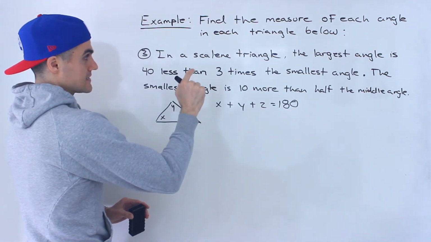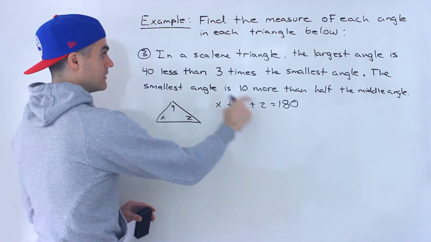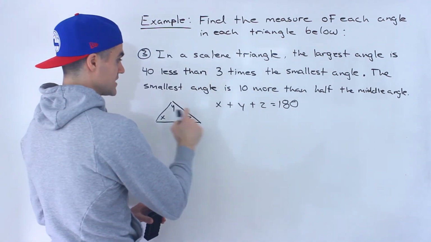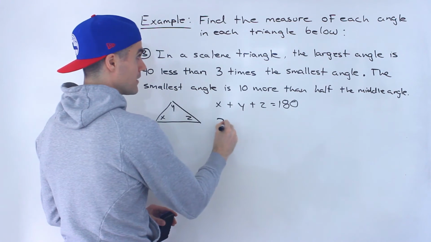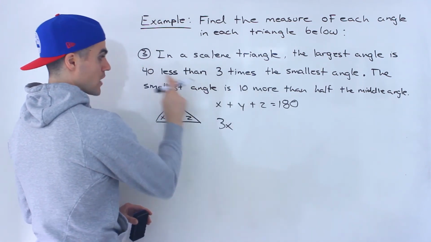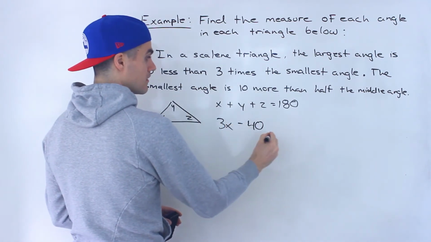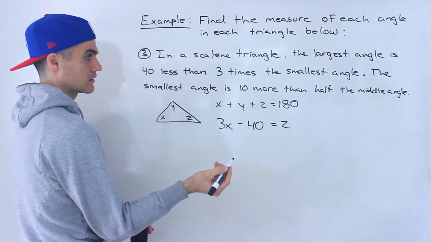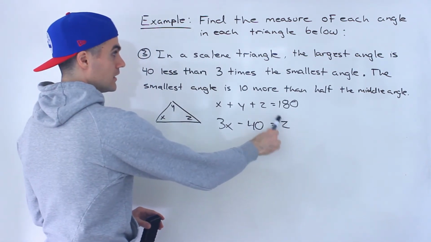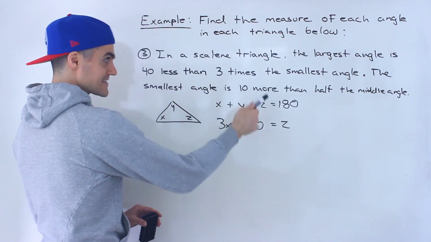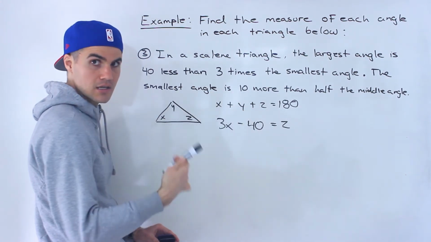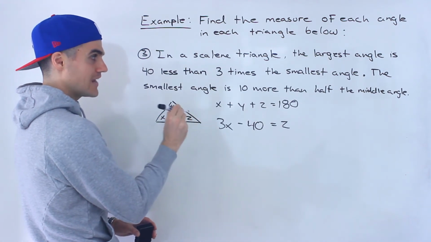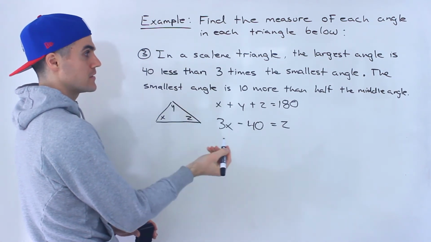And notice that they say the largest angle, so z, is 40 less than 3 times the smallest angle. So if we take the smallest angle, x, multiply it by 3, subtract 40 from that, that would give us the largest angle, like that, right? And then the smallest angle is 10 more than half the middle angle.